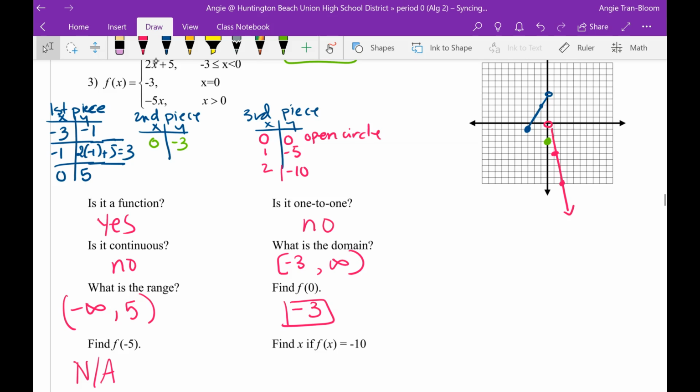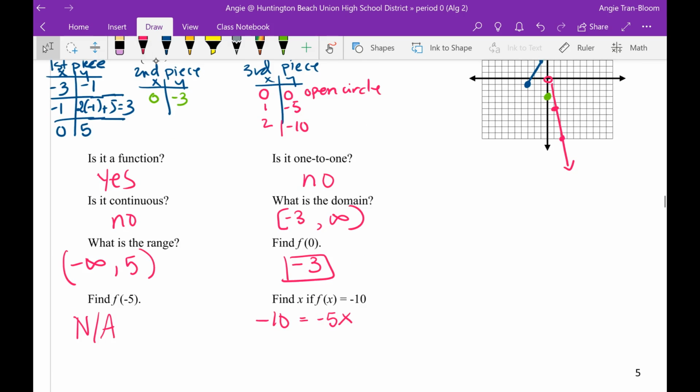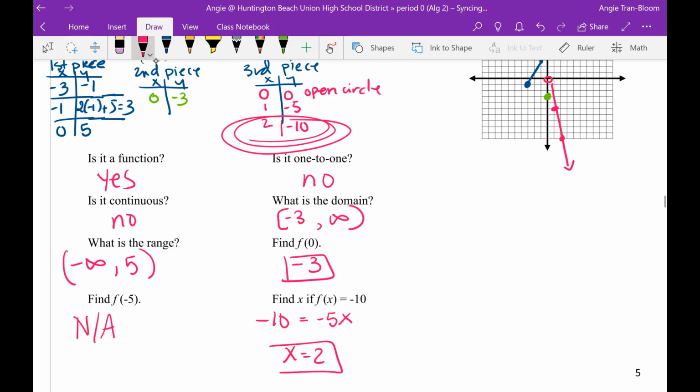Find x when y is negative 10. Which piece are we going to use? First, second, or third? Third. All right. So negative 10 equals negative 5x. Okay, tell me what x is. 2. Didn't we find that already right here? Yes, x is 2. Okay.